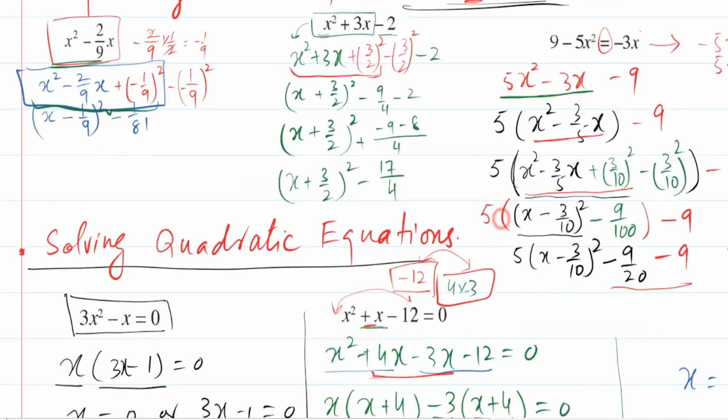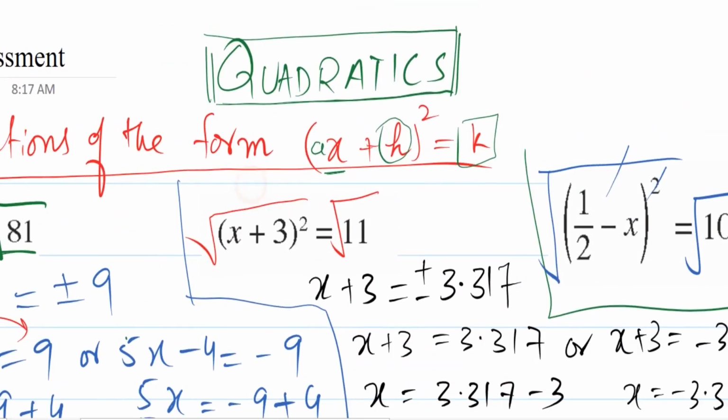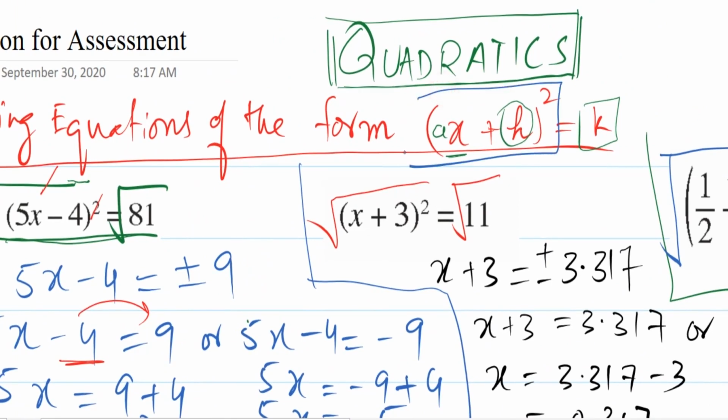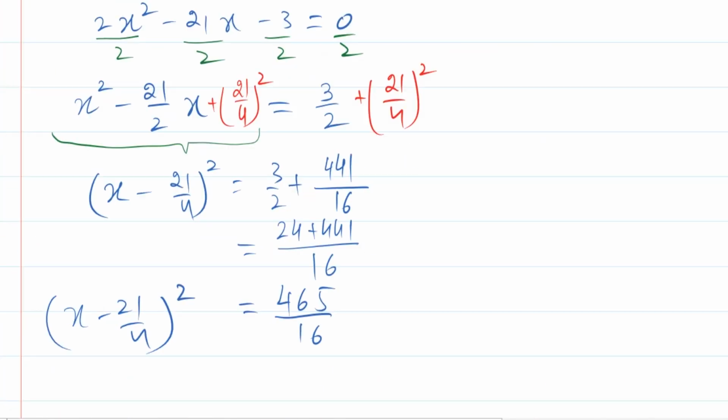We have got an equation in the form of a perfect square on the left side and a number on the right side. The purpose of the completing the square method is we get an expression on the left side which is the perfect square. So what we do then is take the square root of both sides. Now this question is the paper 2 version.